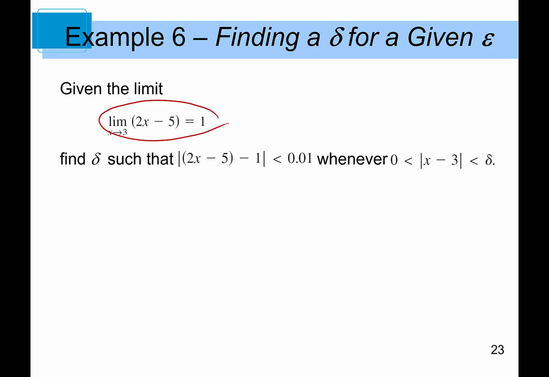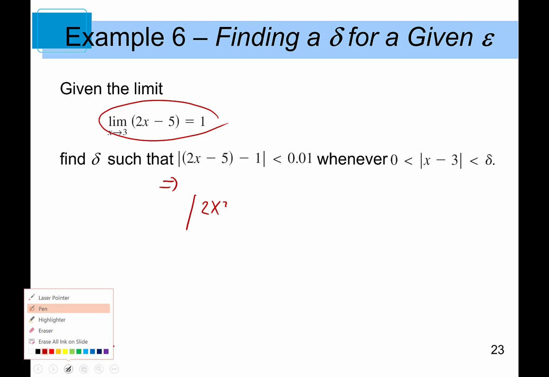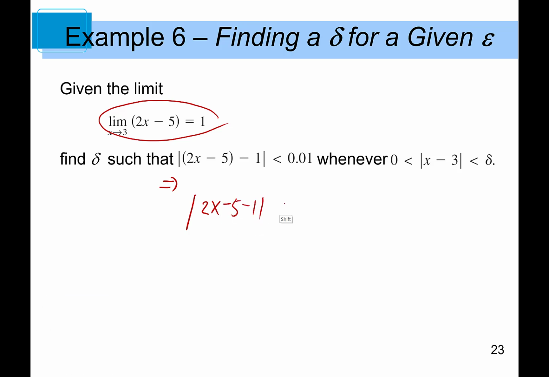So here you can easily just expand it: 2x minus 5 minus 1 is less than 0.01.